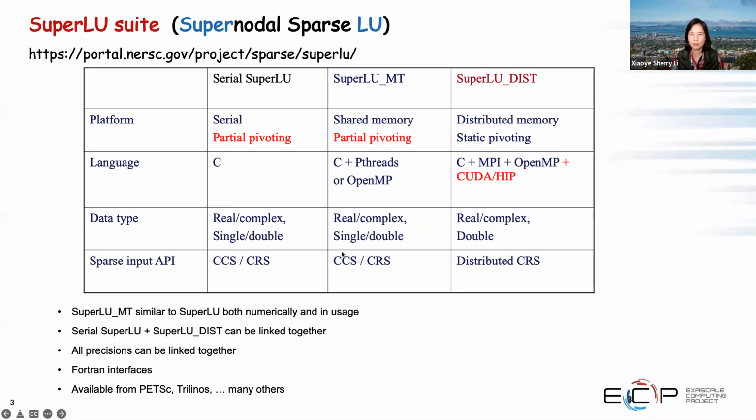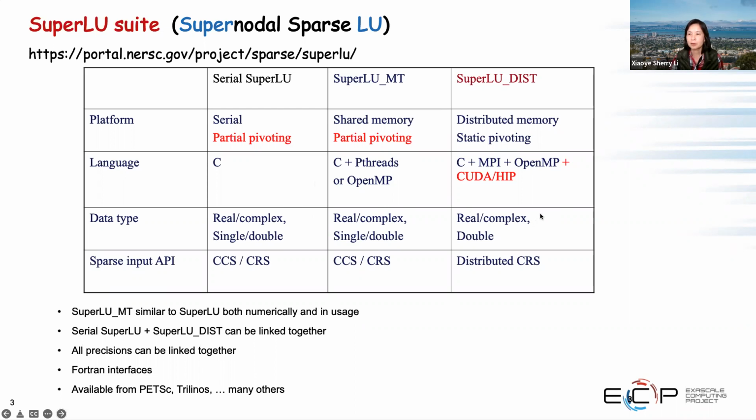And in terms of language, we started this a lot earlier, so it's C-based. Actually, it's not Fortran-based. It's already pretty good; it's difficult to do sparse code in Fortran. With the shared memory version, we first added Pthreads. In those days, OpenMP was not a thing, and later we ported to OpenMP.